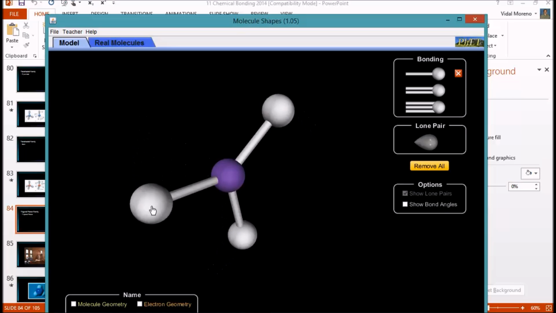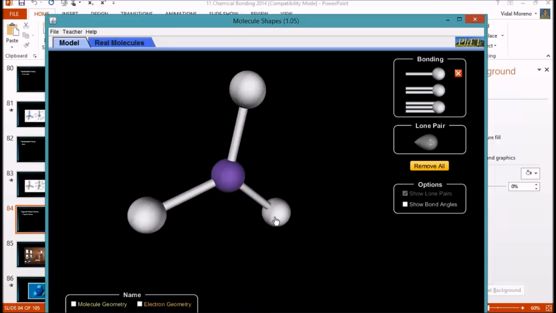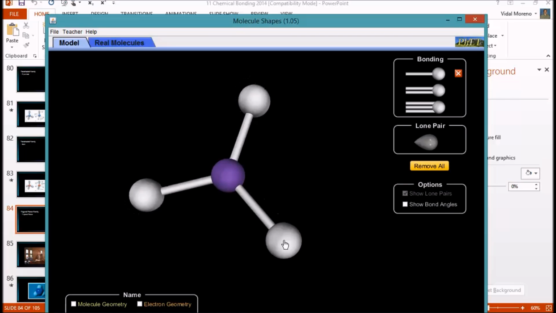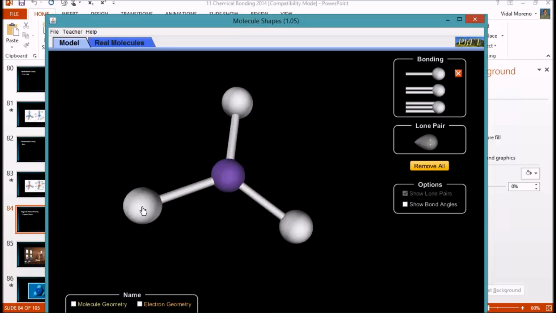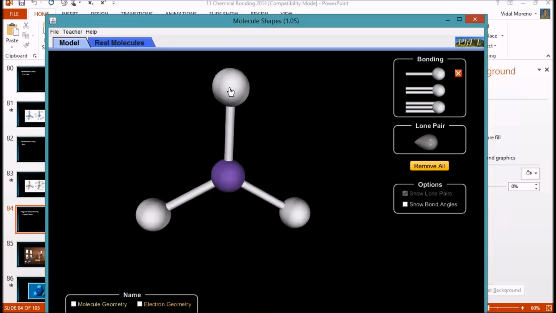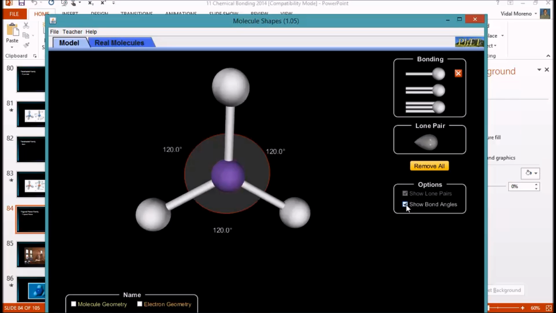What do we have? What is this? What does it look like? Triangle. Trigonal in one plane. Here is an example of a molecule that does not need to exist in 3 dimensions in order to have the maximum angle. What is this angle? 120.